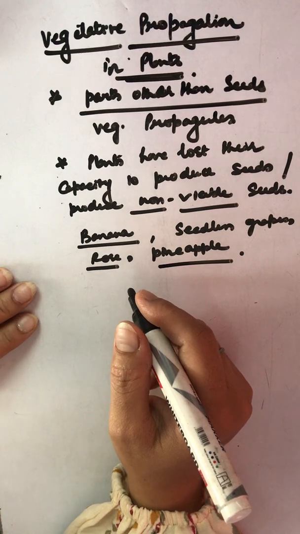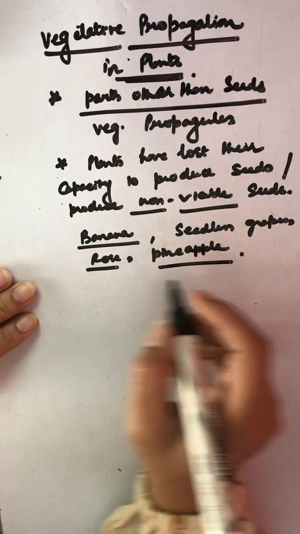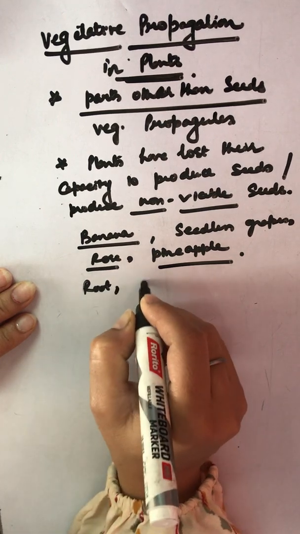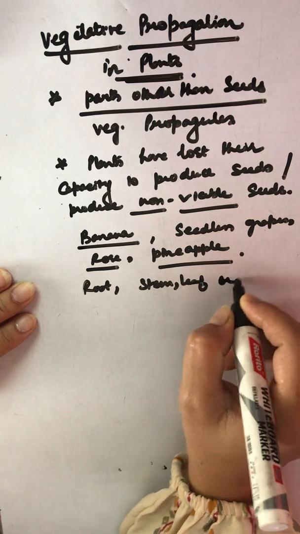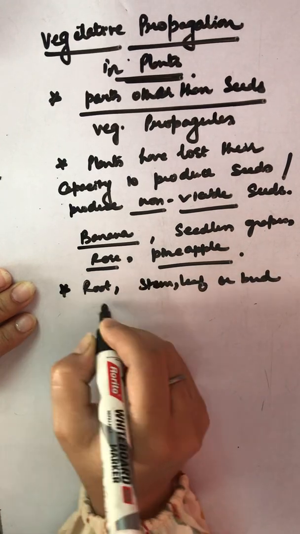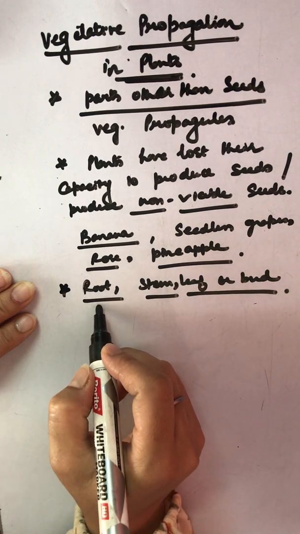Then we talk about that among the flowering plants, every part of the body like root, stem, leaf or bud, all these can take part in vegetative propagation and all are the vegetative propagules.